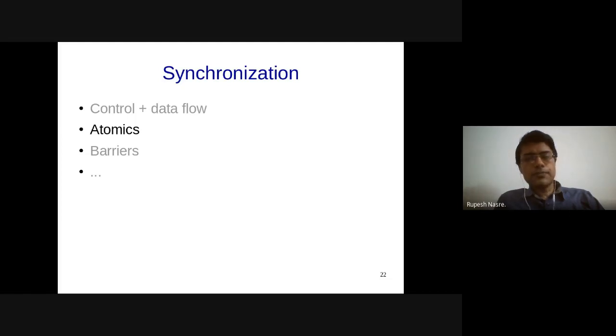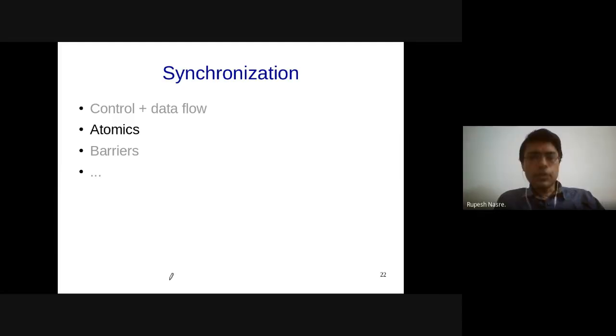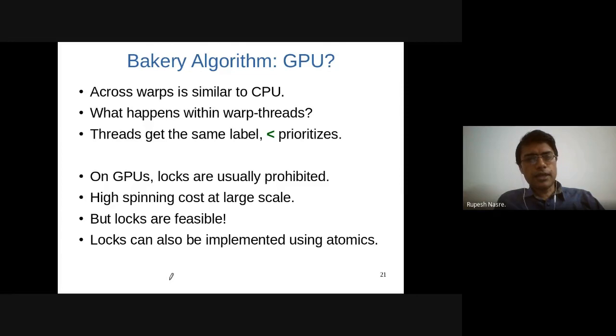Sir, the spinning part I didn't understand. Oh, I see. Sorry, I'll explain that. What happens when you are taking a lock is that you check if you are able to get the lock or not, in the sense of whether you are able to access it.